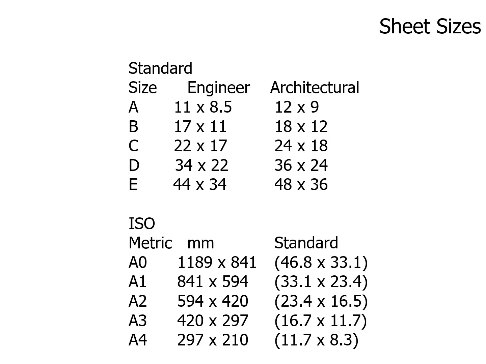Now, here are our standard sheets of paper. As you can tell, it gets confusing, because size A for an engineer is 11 by 8.5, but for architecture it's 12 by 9. It's like, are you kidding me? But yet, when you see most of the stationery anymore, it's A1, A0, A2.